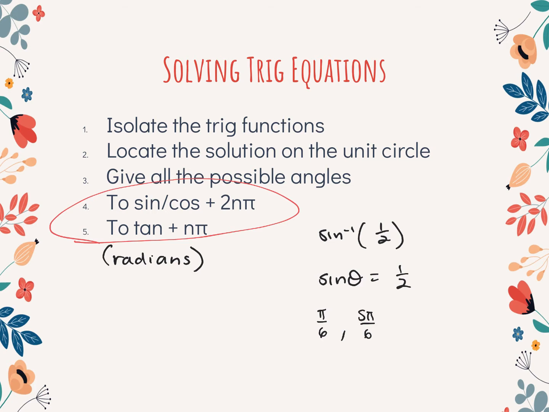for each angle that's there, you would add 2n pi. What this means is that not only does that answer occur at that angle, but it occurs at every coterminal angle to that angle.